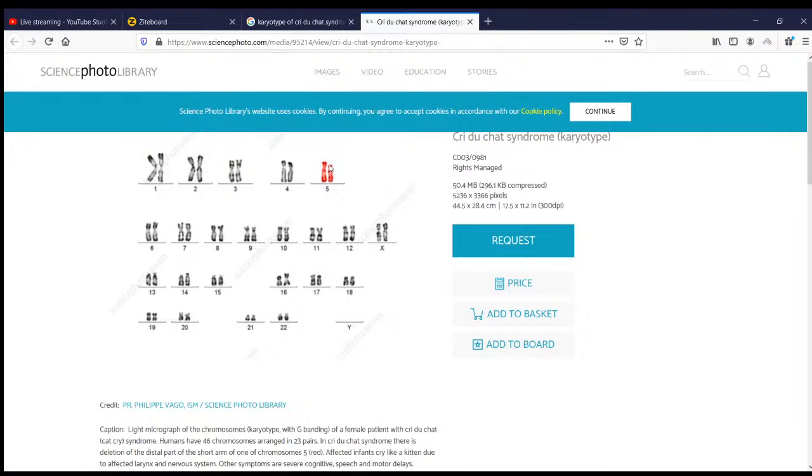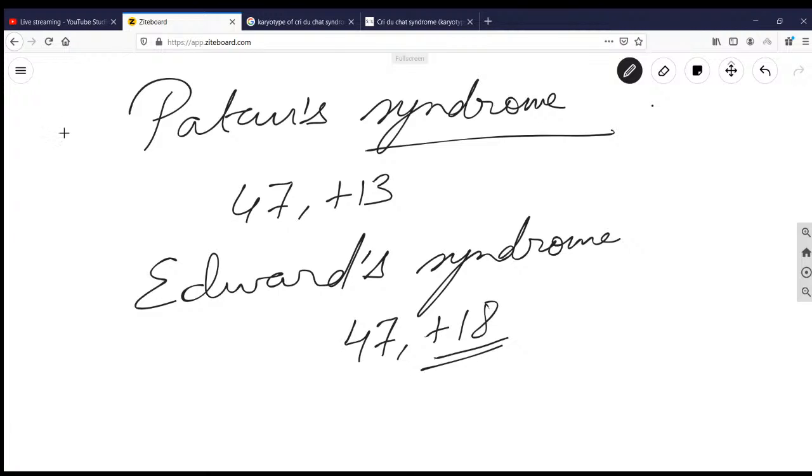This is also a very good example of a structural defect, not complete addition or subtraction of a chromosome. Here a part of the chromosome goes missing. So this makes it even more interesting, right? This is how the chromosomal defects line up.